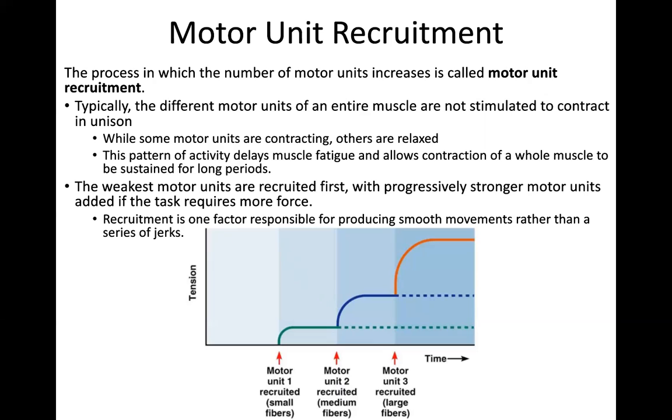We save the big ones for last. And this recruitment of our motor units is another one of those factors that helps us produce smooth movements rather than a series of jerks. It kind of coincides with what we were just talking about with regards to wave summation.